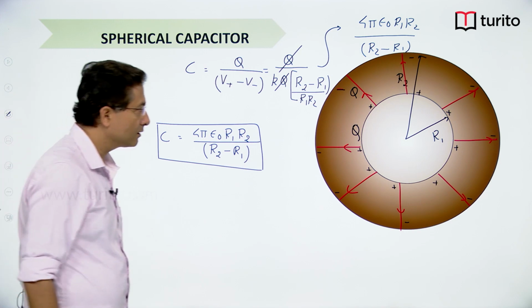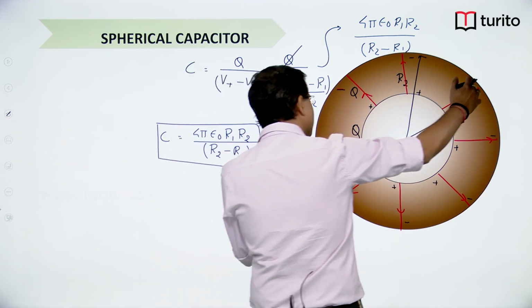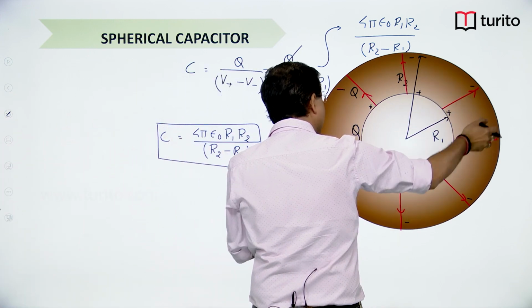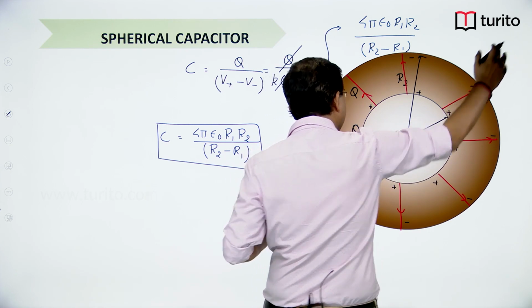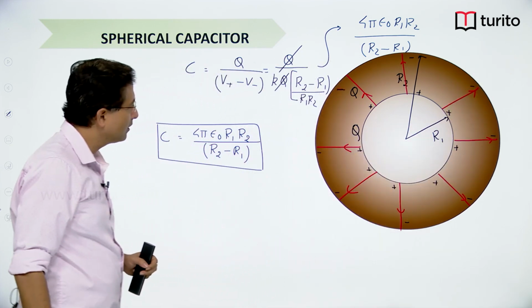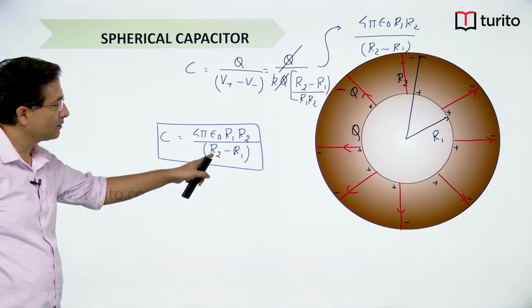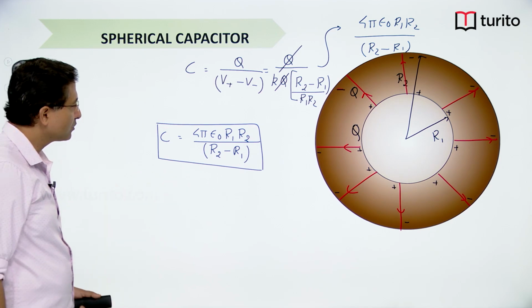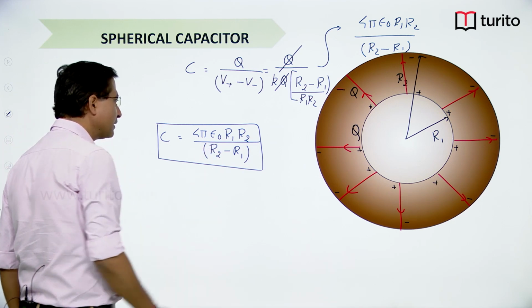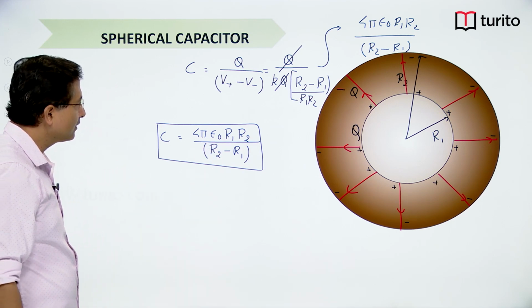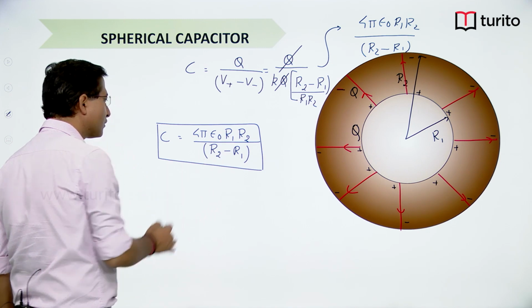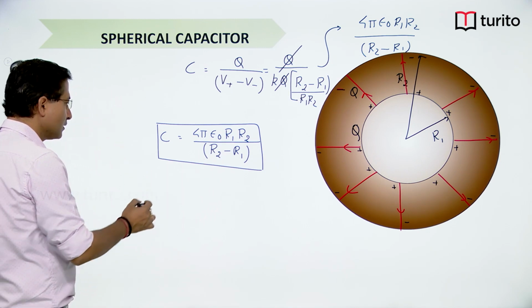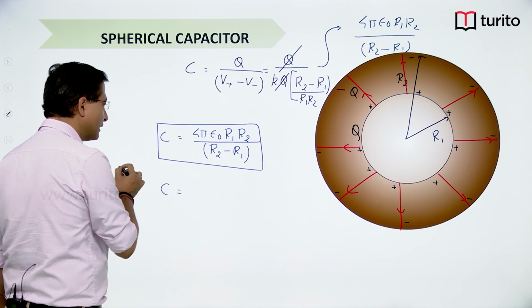If I say this outer one, this R2, is made infinity, then see, I can also write this by taking R2 out.